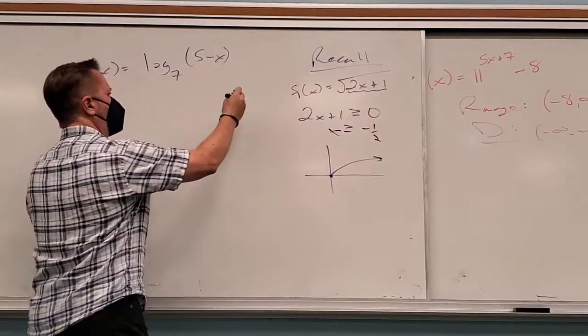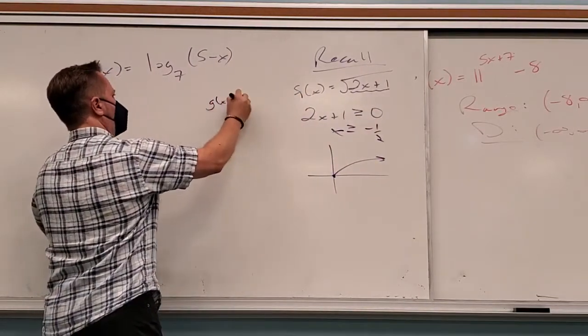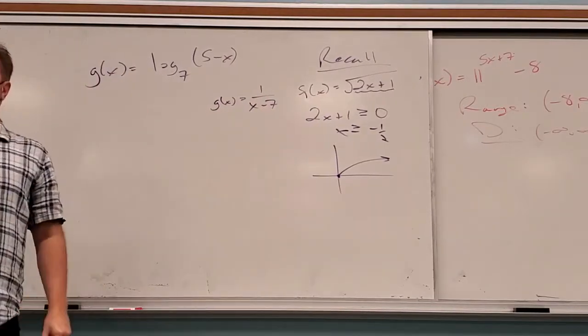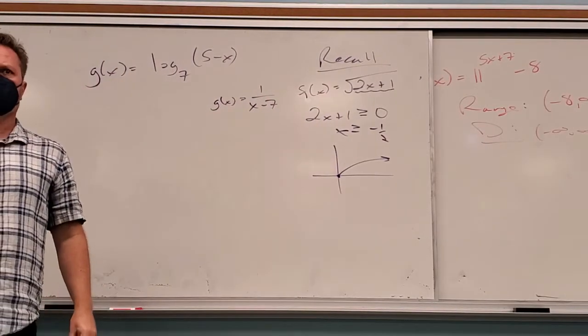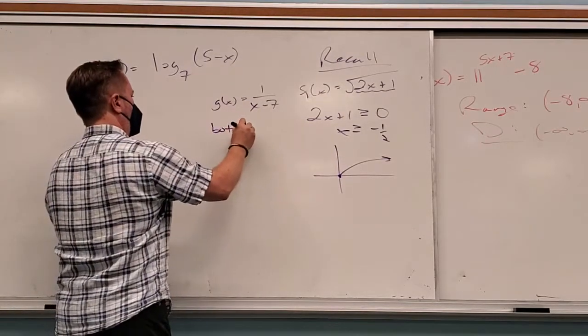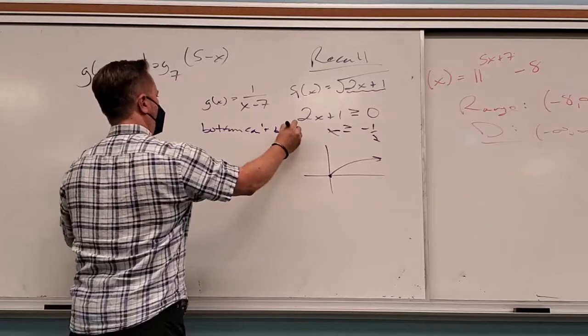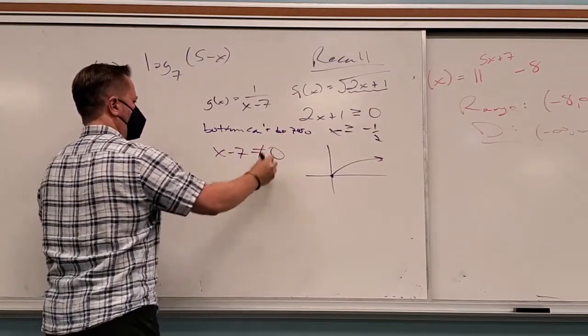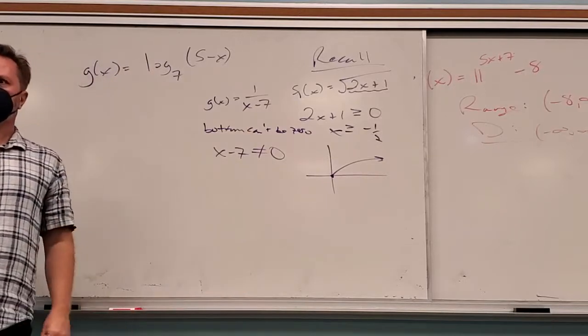Yeah. Okay, so real quick, if I had this bad boy, Jeff, really? What can't happen? So the bottom can't be 0. The bottom can't be 0. Solve, right?